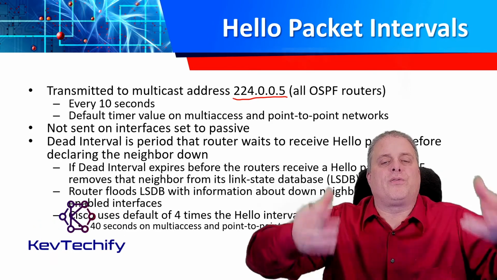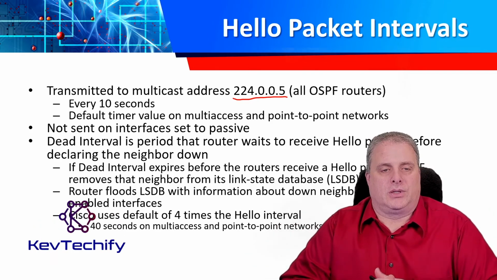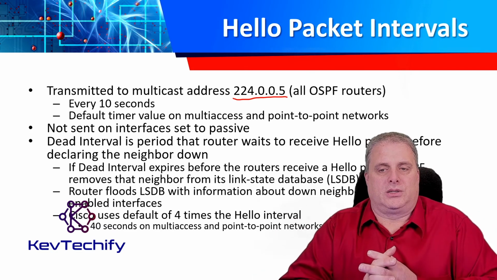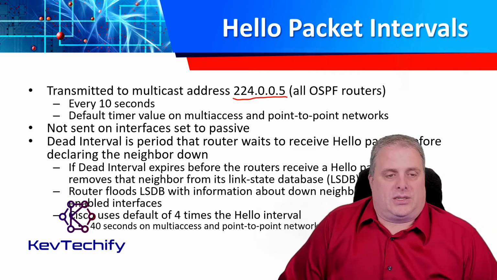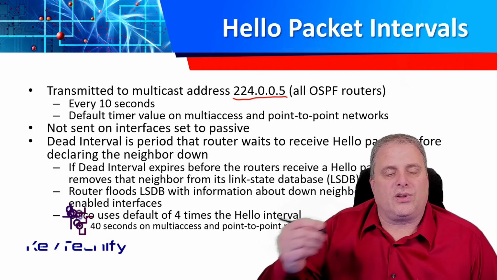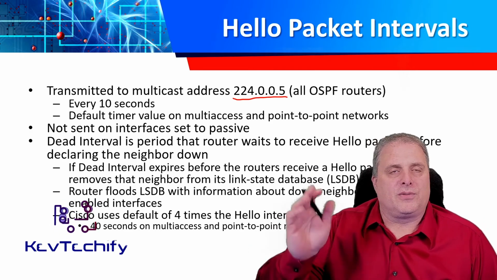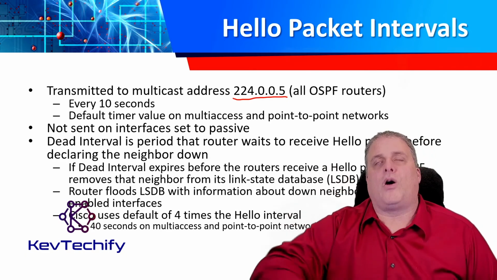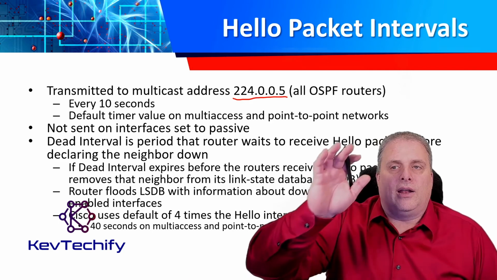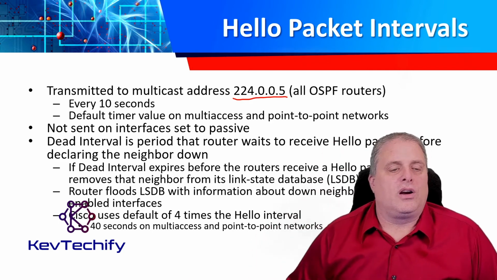We're going to remove it from our routing tables. So when this expires, it gets removed from that link state database. Routers flood the link state database with information about that down neighbor out of all of its interfaces, and all the devices are made aware of it.